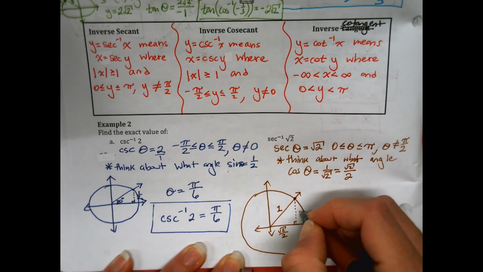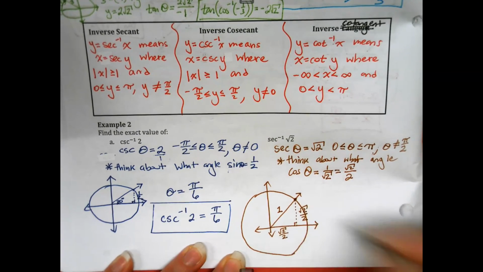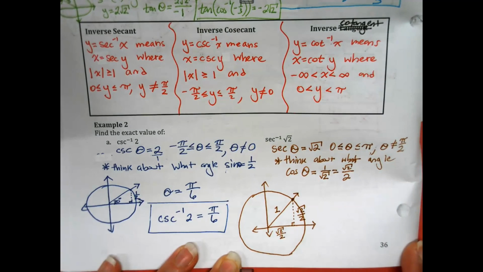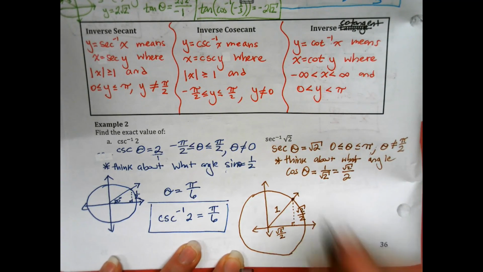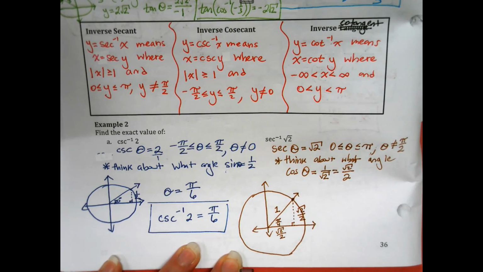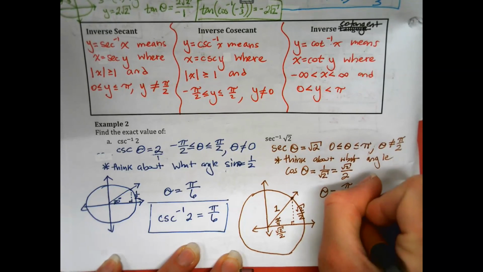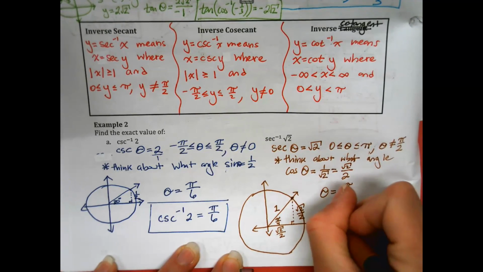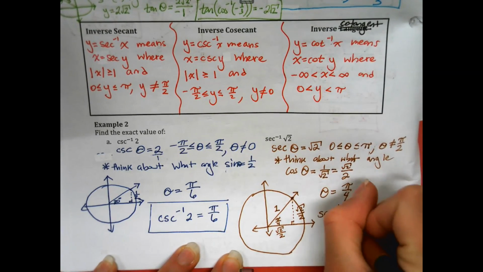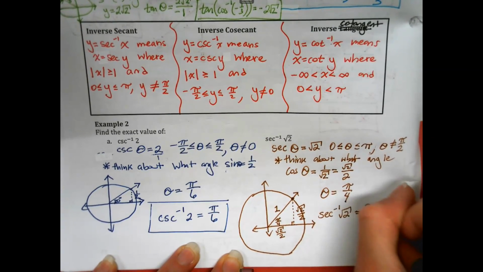And we know that this must be square root of 2 over 2 from all of our work with the unit circle. Therefore, this angle in here has a reference angle of pi over 4. So in this case, theta would be pi over 4. And so we can say the inverse secant of the square root of 2 is equal to pi over 4.